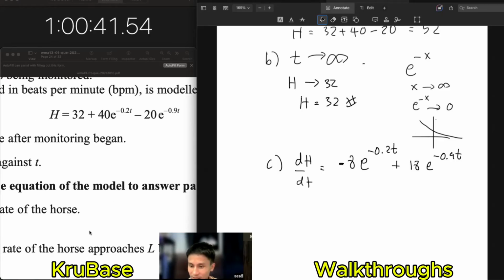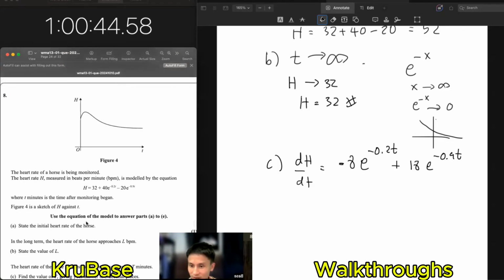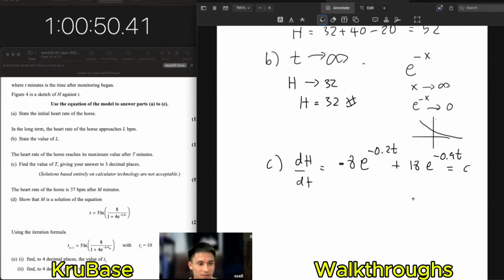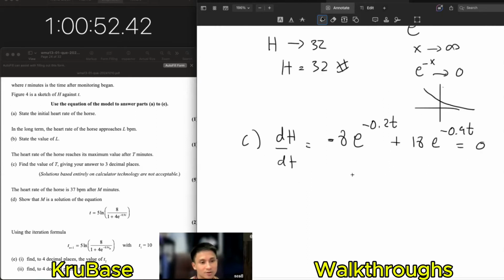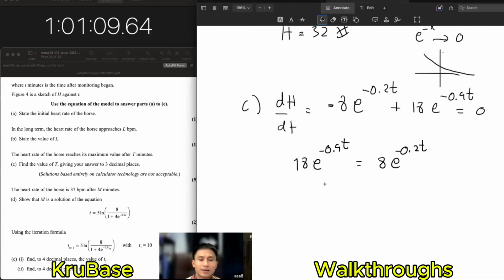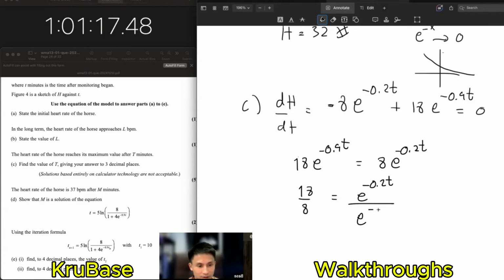Because we want to find the maximum value, we need to equate that to 0, right? So equate this to 0. It seems like we can bring this to the other side. So I get 18 e to the minus 0.9 t equals 8 e to the minus 0.2 t, because I have moved it to the right side. If we move the numbers together and the e's together, you can see that we can use laws of indices again.